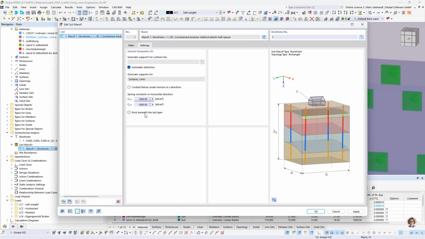And on the last point, you can select rock beneath the last layer, which says that the soil massive under this last layer is completely fixed, supported, and no settlement will happen, and stiffness will be very, very high, and so it's stopped there.